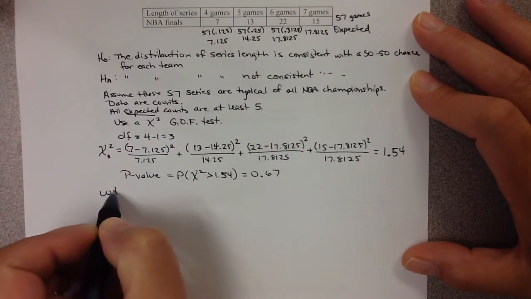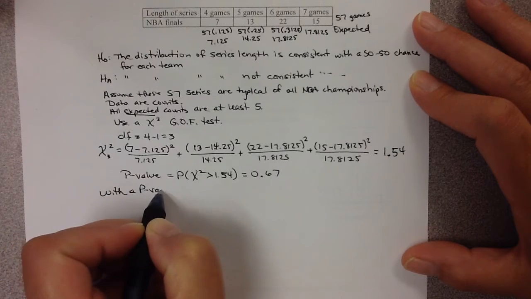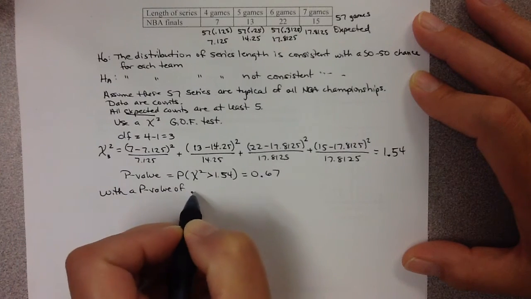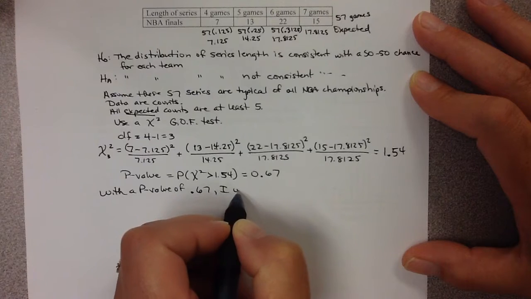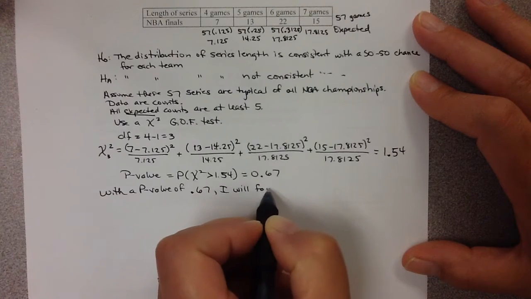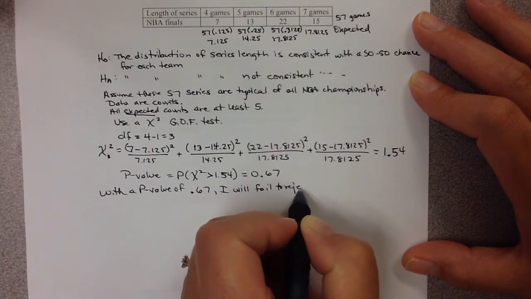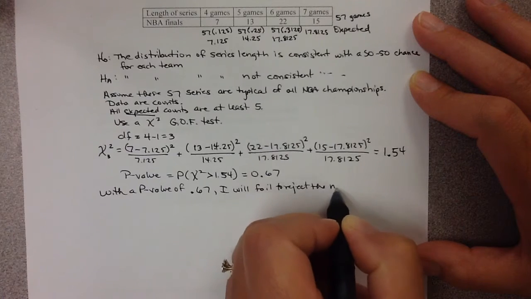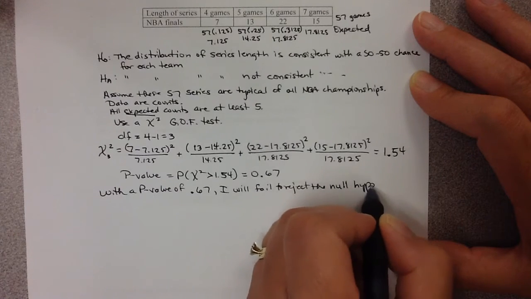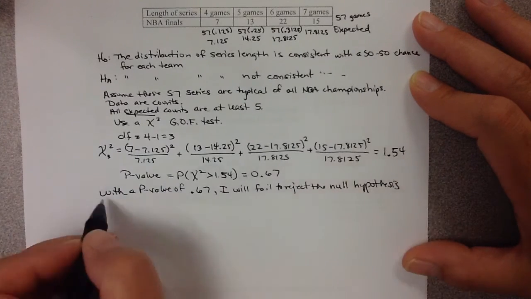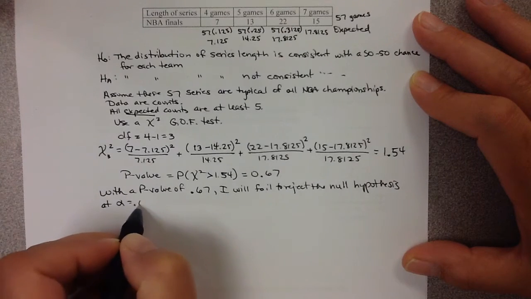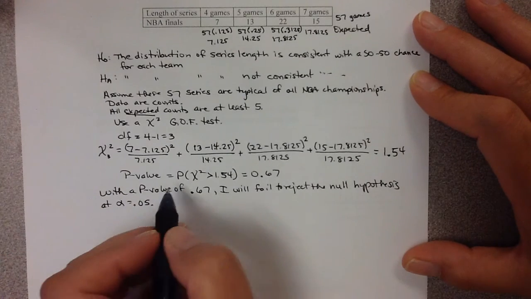So with a p-value of 0.67, I will fail to reject the null hypothesis at alpha equals, pick something, 0.05.